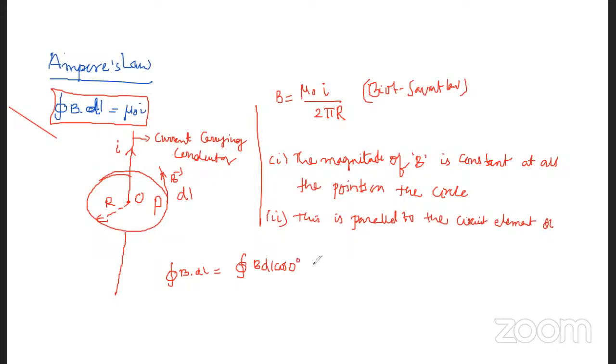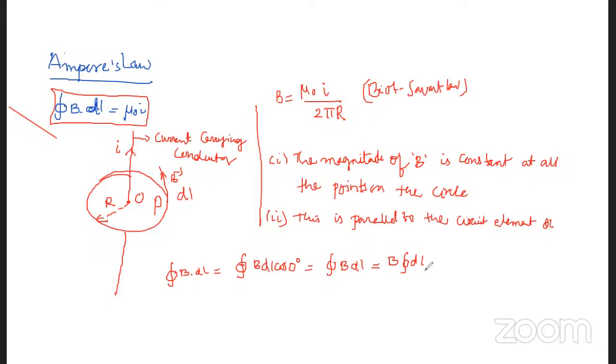So you are going to get the integral of B dl. B is constant, as we have mentioned, and B is parallel to the circuit element, so we have B dl cos 0. B is constant, so we take it outside.